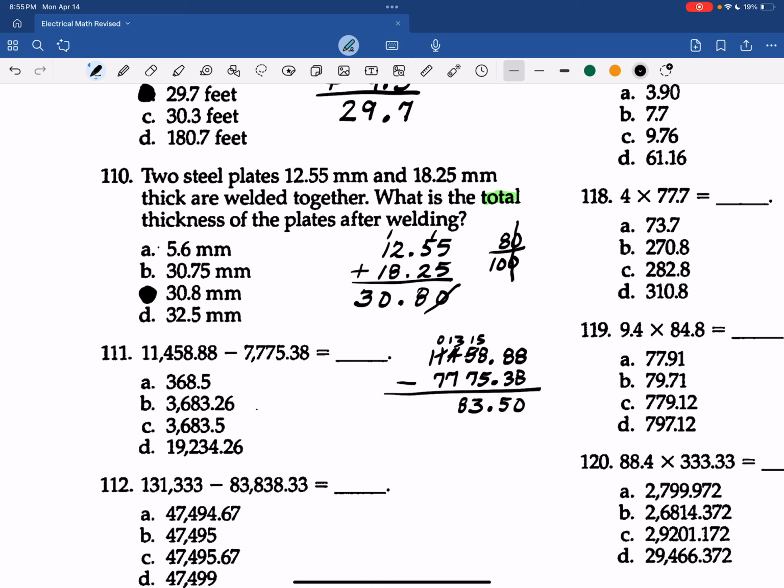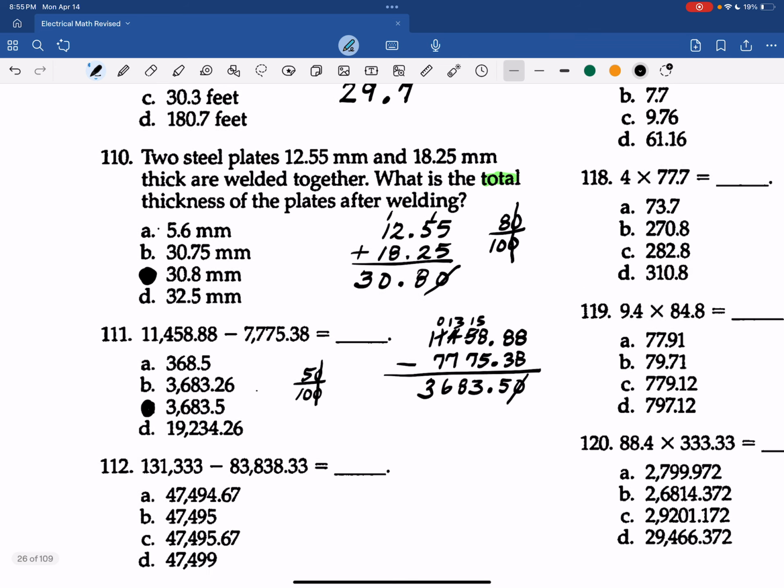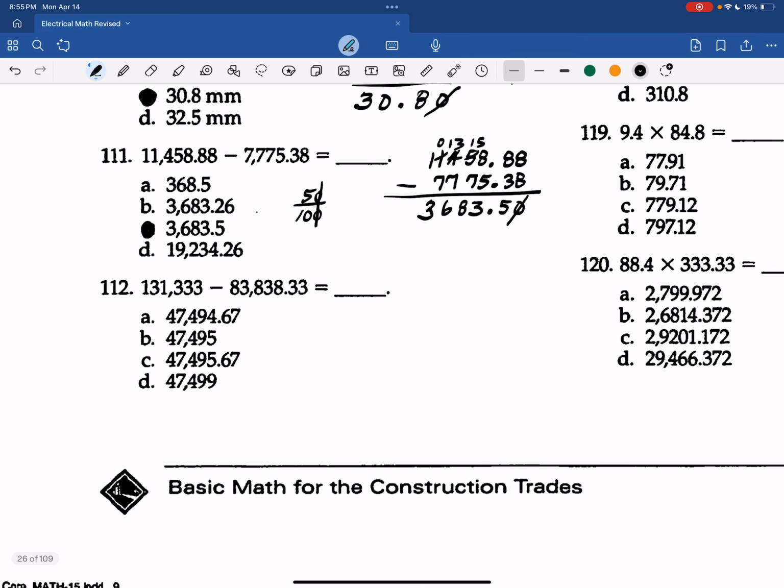Have to borrow here. 10 minus 7 is 3. 3,683 and 5/10. Because of that extraneous 0, 50/100 is the same as 5/10. Be careful with this one.